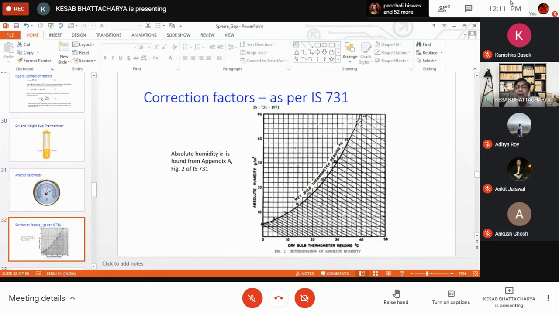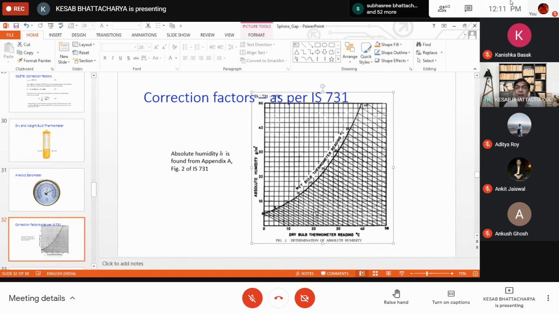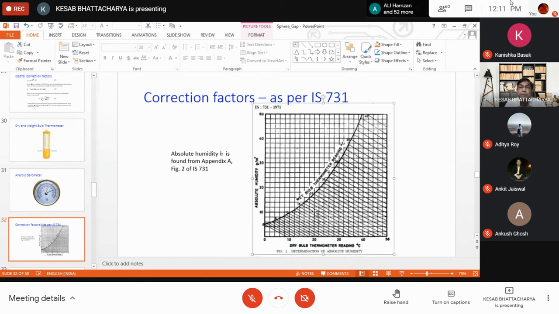Now, the inclined lines from these curves actually give you the readings of wet bulb thermometer. And these vertical lines actually represent the readings of dry bulb thermometer.